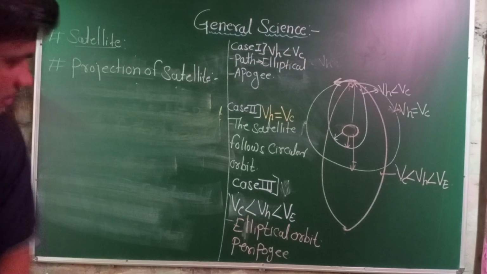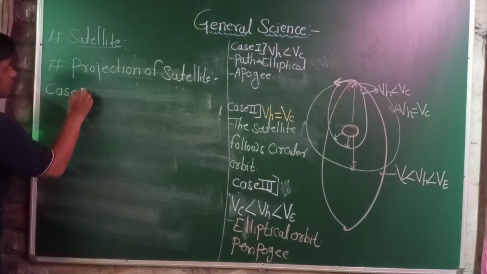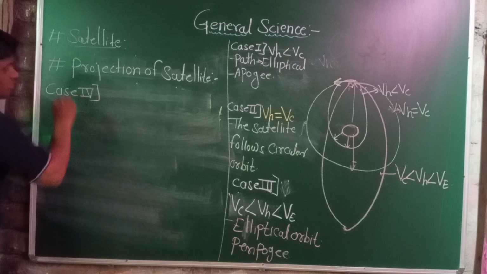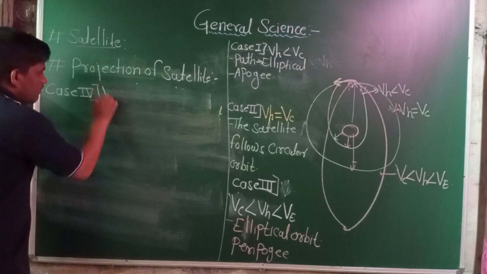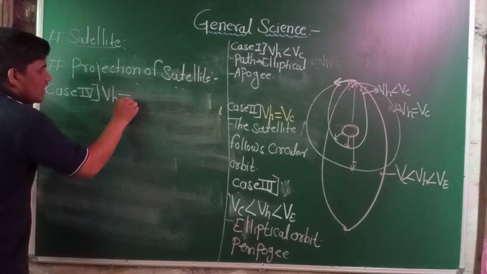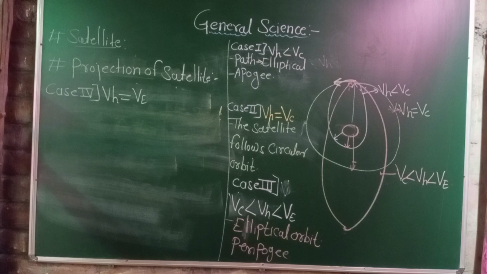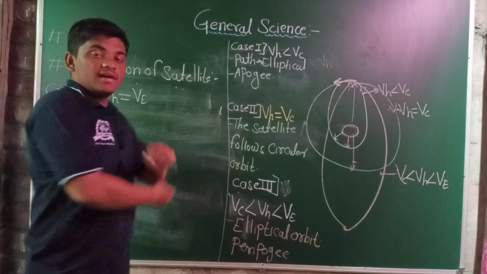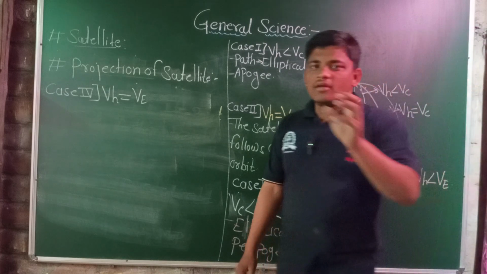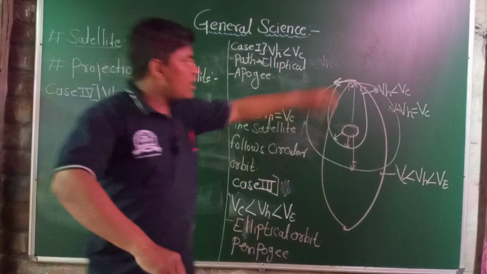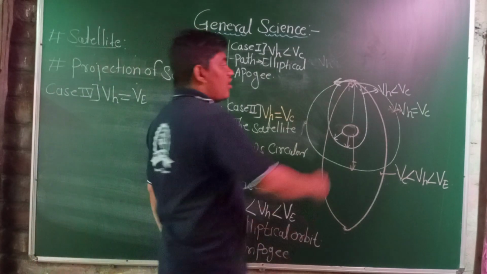Then case number 4. At that time, the horizontal velocity Vh is equal to the escape velocity. We are trying to increase the velocity because we want to escape from the Earth's gravitational influence, because we are launching.